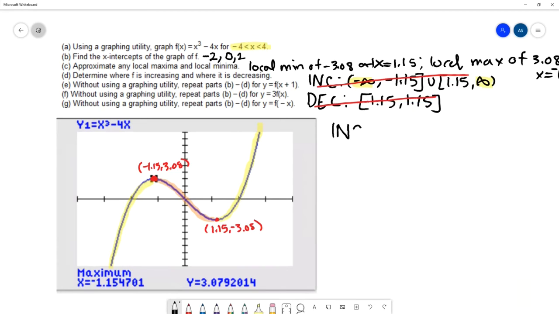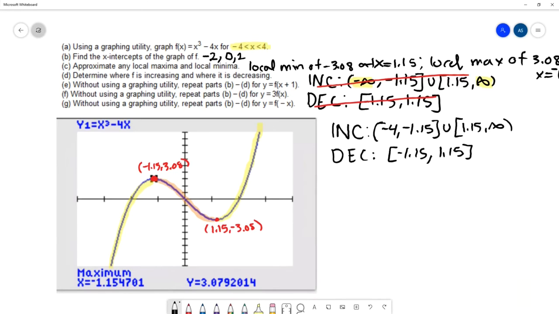So we're going to say we're increasing from -4 to -1.15 and 1.15 to 4. We're going to be decreasing, that one was correct, from -1.15 to +1.15.